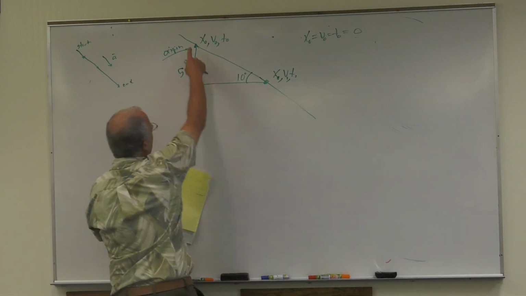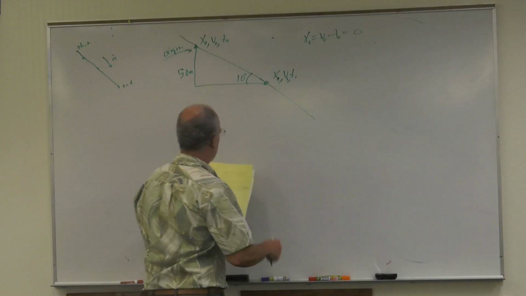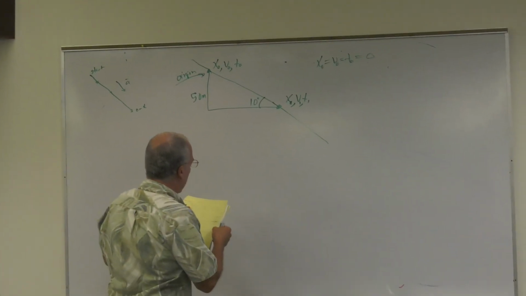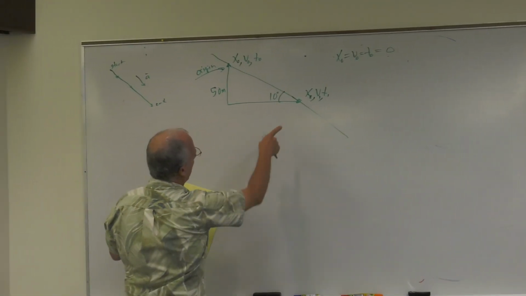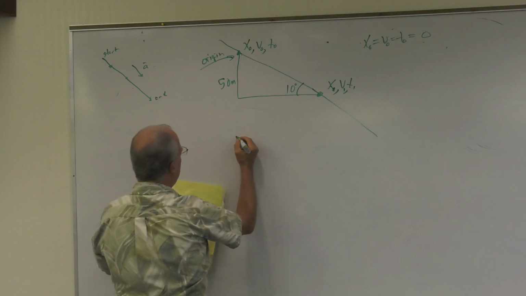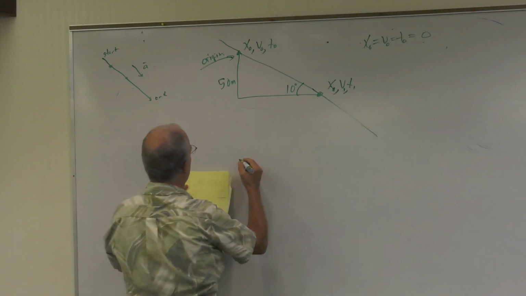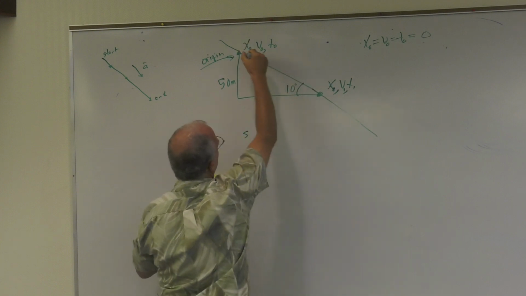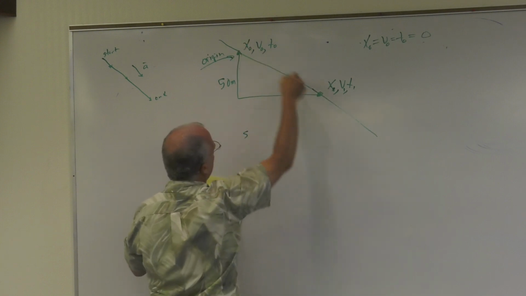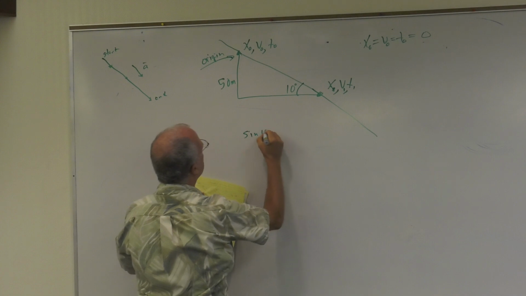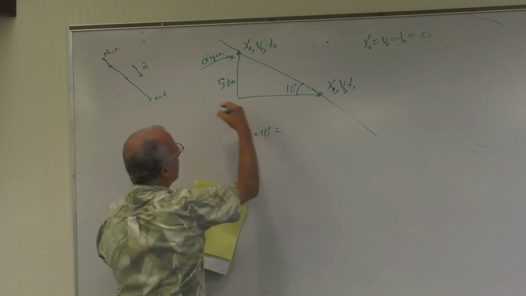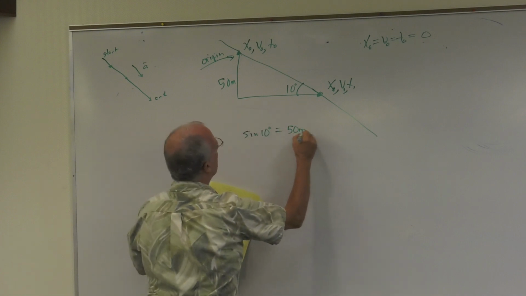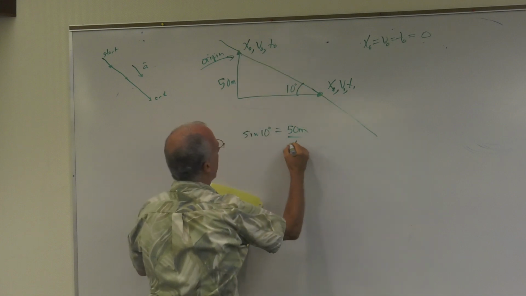We had to do all this trigonometry to get x1, right? Remember, this is x0, so this is x1. We have to know this distance. The sine of 10 degrees is opposite 50 meters divided by the hypotenuse, which is x1.